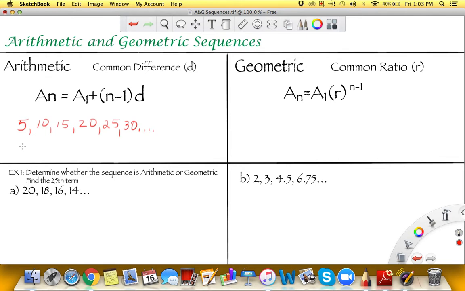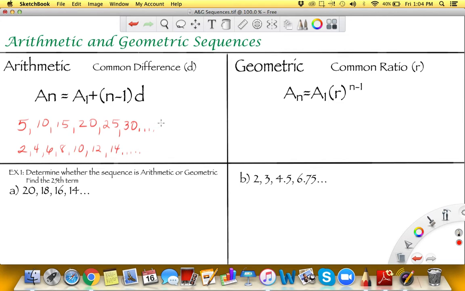Another example of an arithmetic sequence is simply counting by twos: 2, 4, 6, 8, 10, 12, 14, and so on. So there's just a pattern of numbers in this arithmetic sequence. Now, here you have the formula for finding any term in an arithmetic sequence, which we'll get to in the examples below.